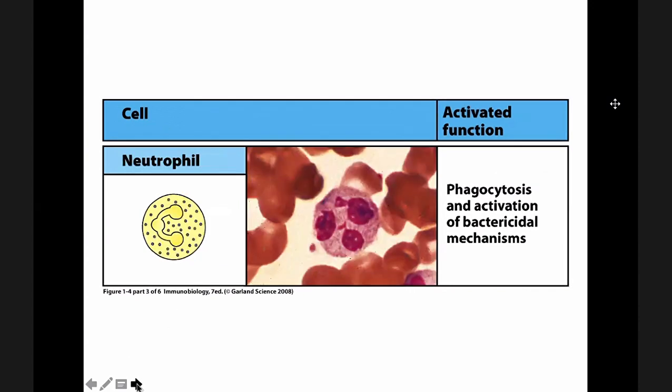Neutrophils, major role: phagocytosis and bactericidal mechanisms. These are the two things they carry out. Although in recent times, we are also discovering more. We call neutrophils sloppy feeders, in slang language.